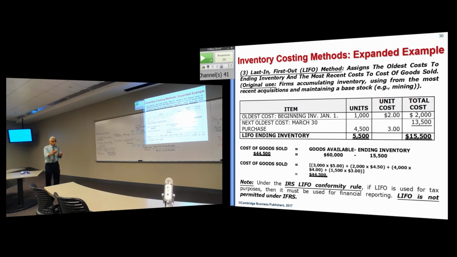You know, instead of measuring using meters, we use feet, the British system. Same idea. It's the same inventory. It's the same purchases. It's the same sales. How does it come out to be different? A different measurement system, different valuation system. And again, you notice that the average cost falls between the two extreme numbers.